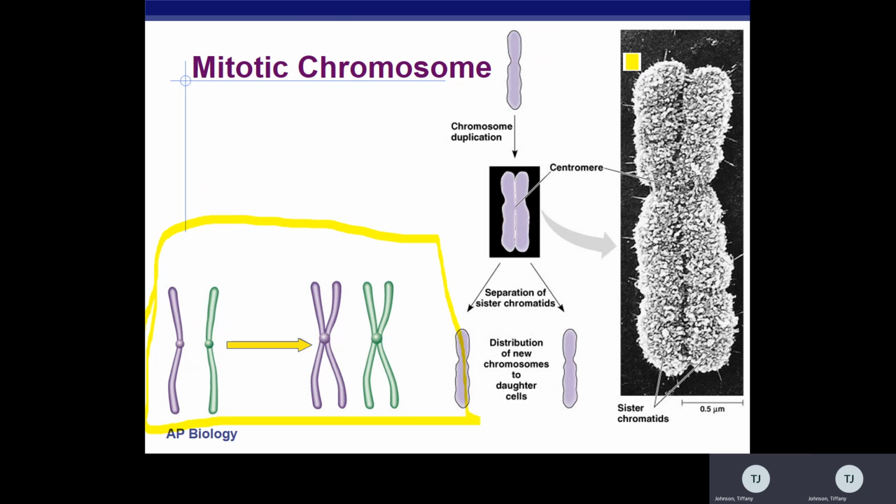All right, now I just told you you have 46 chromosomes, right? Yep. And half of those chromosomes you got from who? From mom, and the other half you got from? Awesome. So here's a chromosome you got from mom.